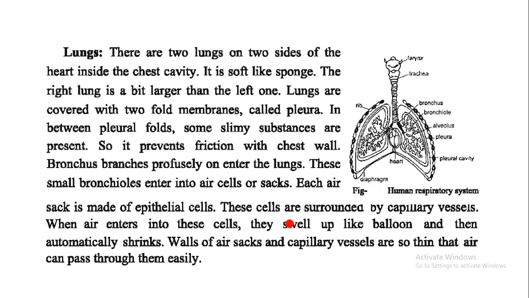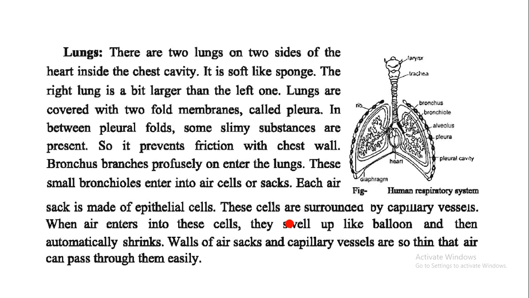Okay, the bronchus branches profusely on entering the lungs. These small bronchioles enter into air cells or sacs. Each air sac is made of epithelial cells. These cells are surrounded by capillary vessels.